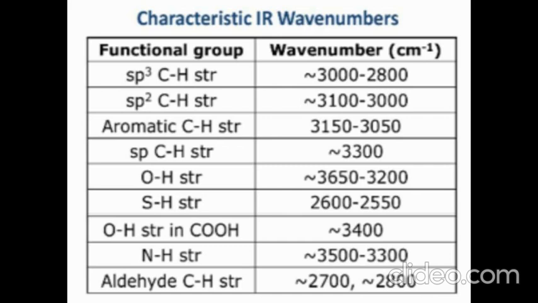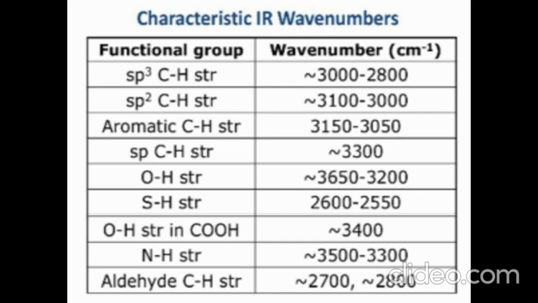For example, sp3 hybridized comes approximately at 3000 or below 3000. The sp2 carbon hydrogen stretching, which includes aromatic carbon hydrogen stretching also, will be approximately 3100 to 3000 centimeter inverse. If the carbon is triply bonded, the carbon hydrogen stretching will appear approximately at 3300 centimeter inverse.